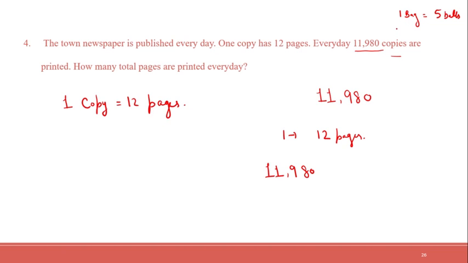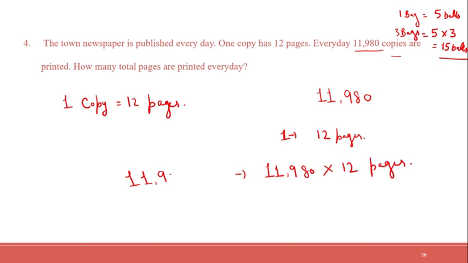I want you to tell me in 3 bags how many balls we can put. What we will do is 5 balls into 3. Now we can put 15 balls in 3 bags. So similarly, if one copy contains 12 pages, then 11,980 copies will contain 11,980 into 12 pages, right?